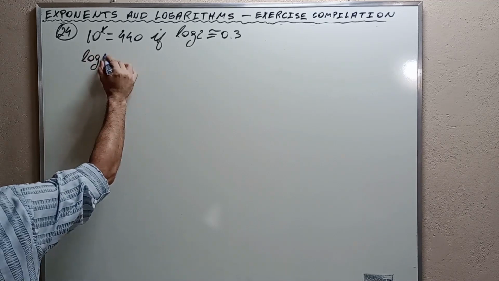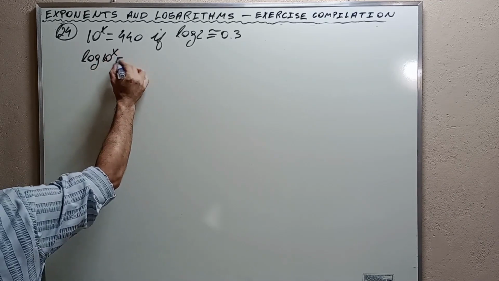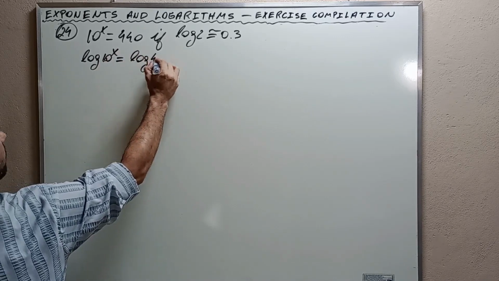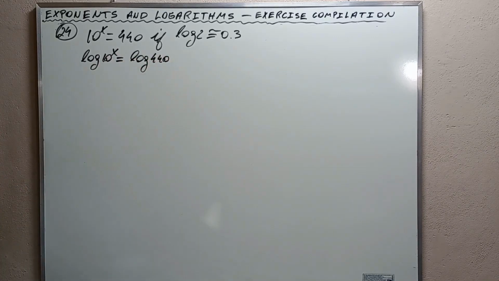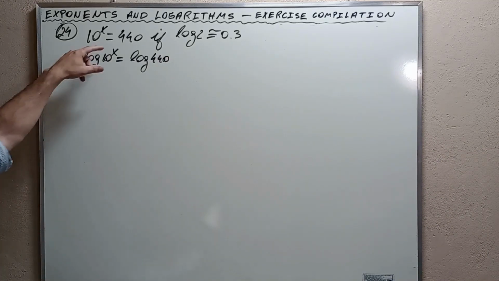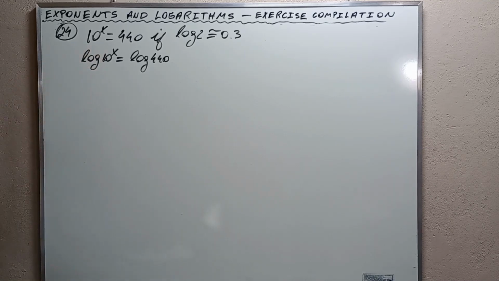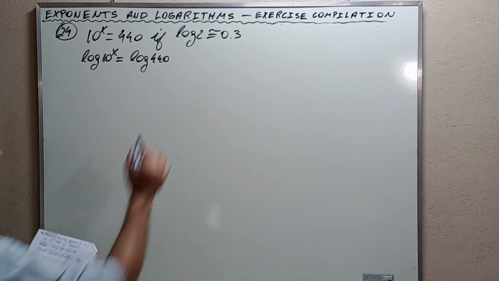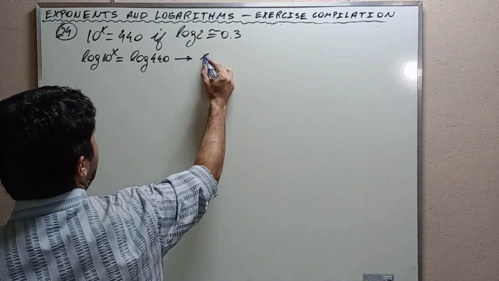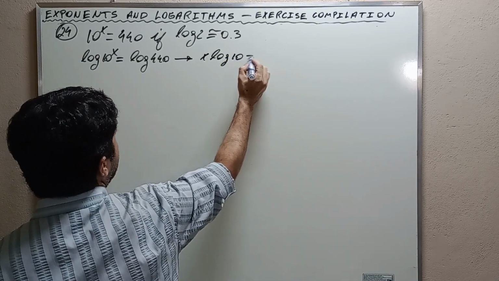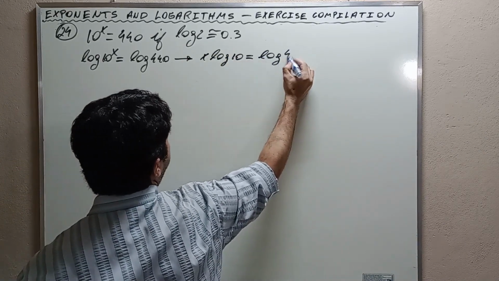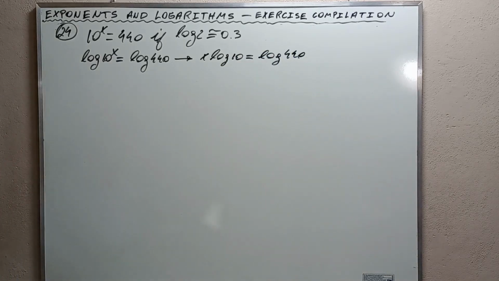The logarithm of 10 to the x equal to the logarithm of 440. And we are going to pass this power multiplying here, as the property tells us it is possible. Then we find that it is x times the logarithm of 10 equal to the logarithm of 440.